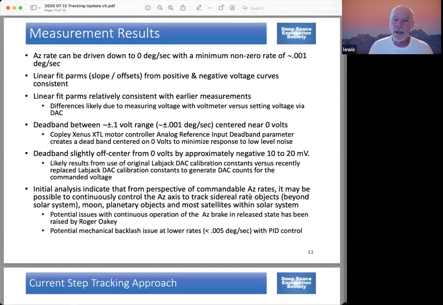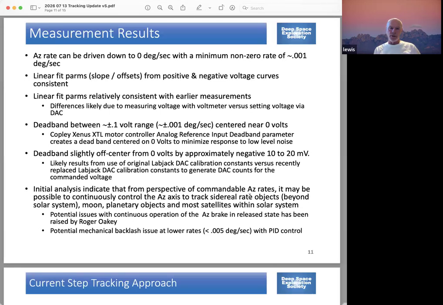Now I haven't gotten on and confirmed that that parameter is in fact set to 0.1. And in general, we need to look at the controller and go through all the parameters and record them.